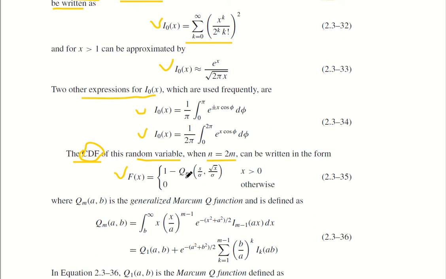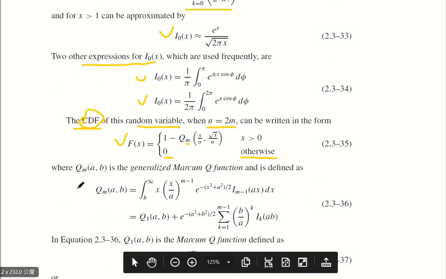This is a Q sub m, with argument S over sigma, and square root of x over sigma, and 0 otherwise. If its PDF is 0 for x smaller than 0, then its CDF must be 0 for x smaller than 0, because its PDF has zero value in the negative region.